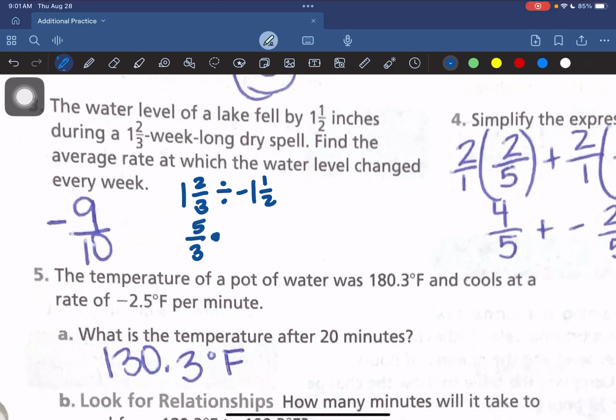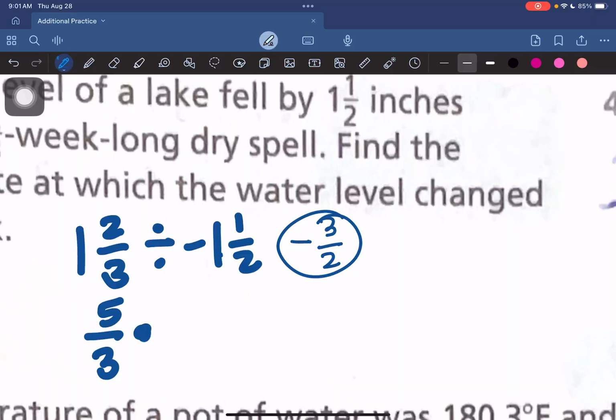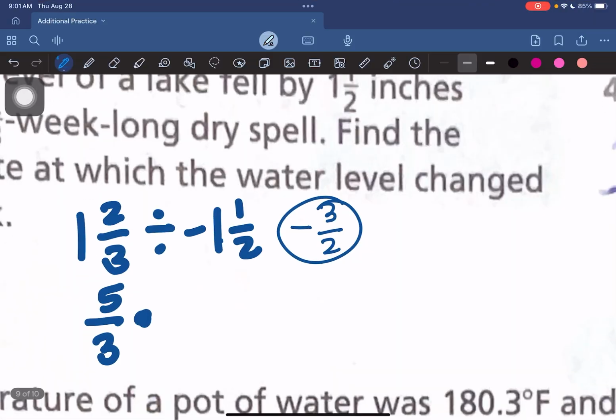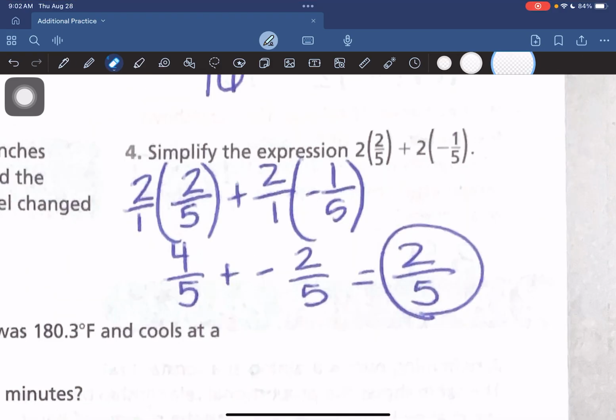We're going to change that to multiplication because we are dividing. Over here, I would have the 2 times the 1 is 2 plus 1 is 3, and it is negative. But I'm going to take this number and flip it for my work down at the bottom. So we're going to multiply by -2/3.